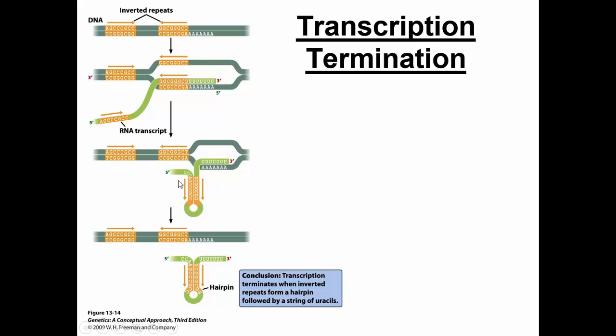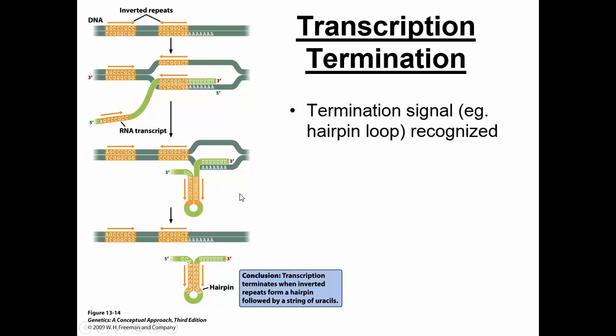These two inverted repeats end up causing the RNA to hybridize to itself to form a hairpin, because the hydrogen bonding is perfect between these sequences. They're complementary to each other because of the inverted repeat of the DNA. So you get this very bulky RNA hairpin. Then you'll have a string of A's, a string of U's. There are two hydrogen bonds between A's and U's, just like A's and T's.